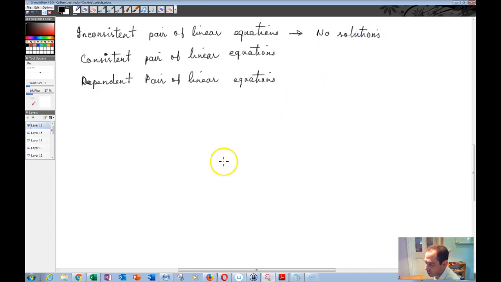No solutions meaning that the lines never intersect. For example, if the two lines are intersecting, of course, then you have a solution over here, and that would be a consistent pair of linear equations.